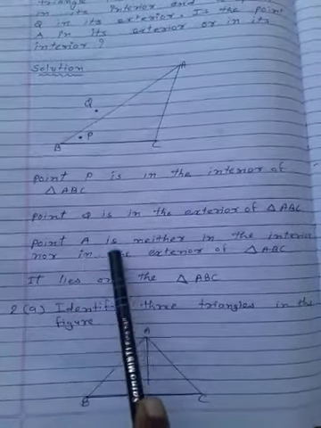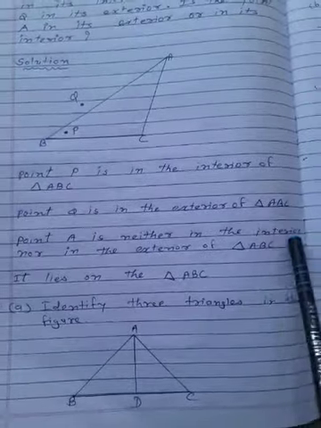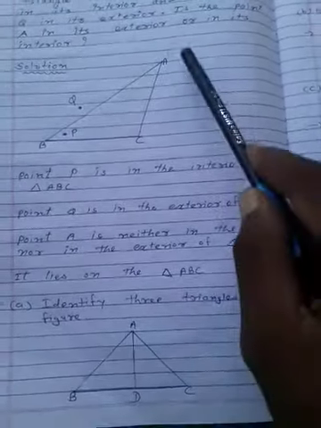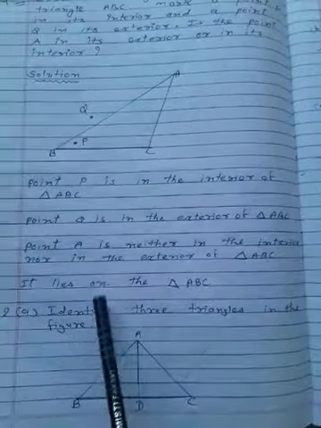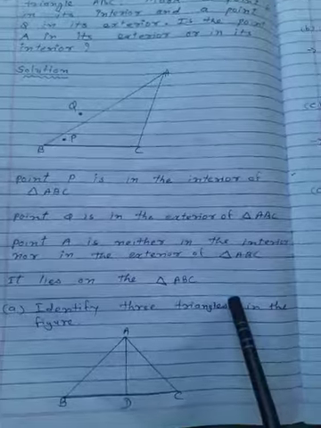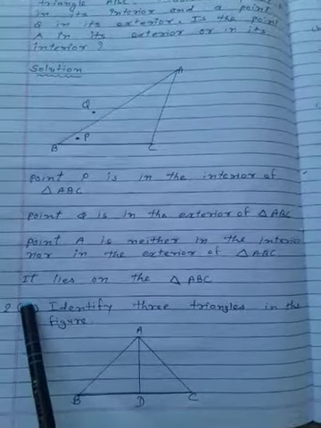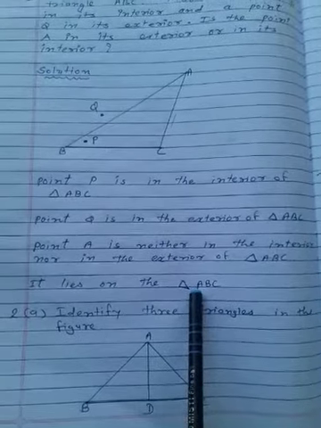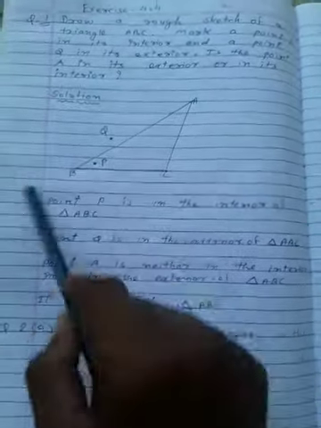Point A is neither in the interior nor in the exterior of triangle ABC. So we can say it lies on the triangle ABC. Understood this first question?